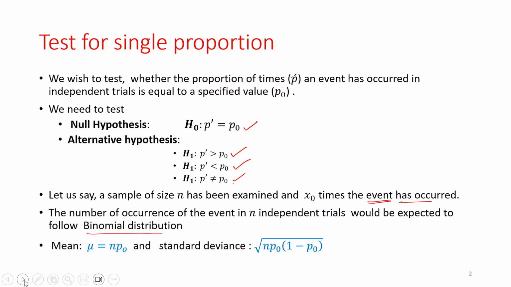And in any binomial distribution, the mean mu is equal to np0, and the standard deviation is root over np0 into 1 minus p0. We can also call it root over np0q0.